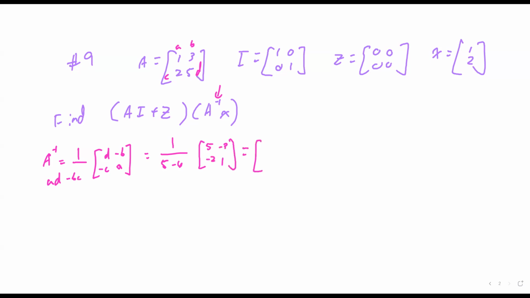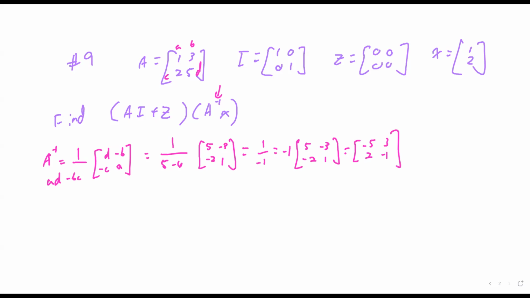So this becomes a -1, right? 5 minus 6. Okay. So that's 1 over -1, which is just -1, correct? Take that -1, distribute it back into this matrix. And you would get -5, 3, 2, -1.